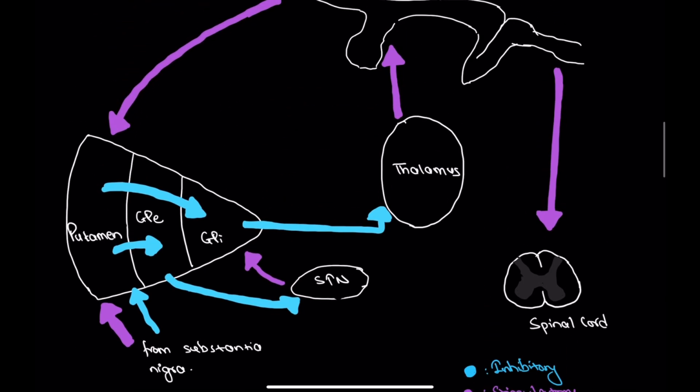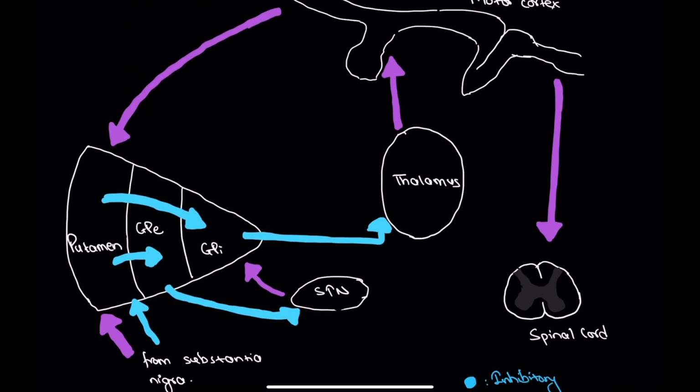So let's learn about the direct pathway. In the direct pathway, first of all, there will be cortical input via glutamate. And we know glutamate is an excitatory neurotransmitter. It will stimulate the striatum to release GABA. Now this putamen will release GABA and it will act upon globus pallidus internus.